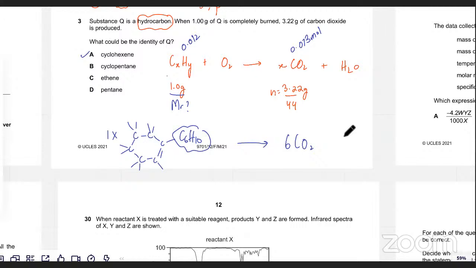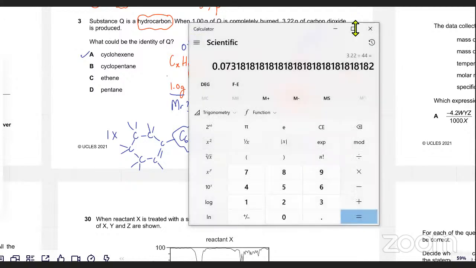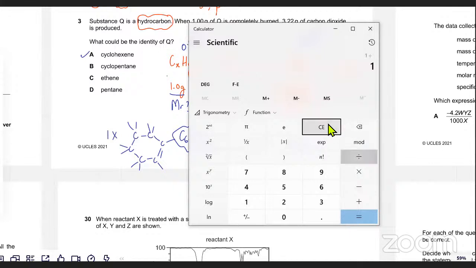Yes. So that means, and this is exactly 0.012 moles or not? 0.012 divided by the MR of this, which was, I think, 82. So 1 divided by 82. That is 0.01219.